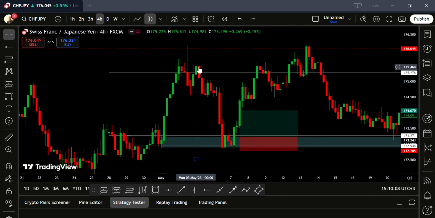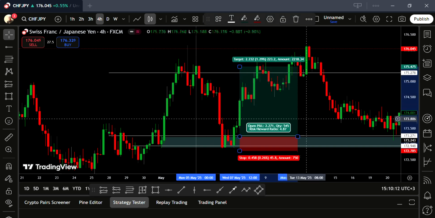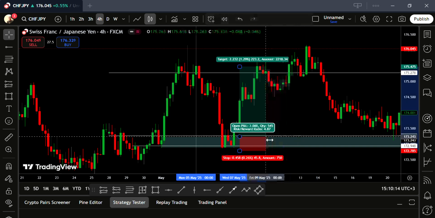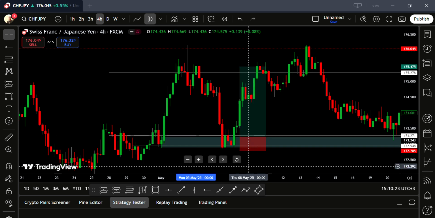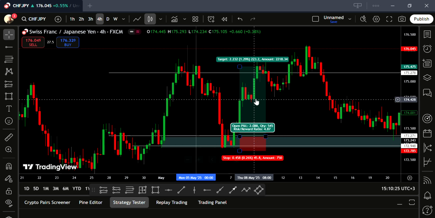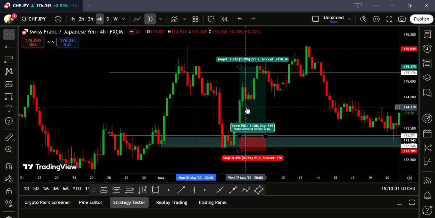Your target is the previous high. That is your target. So what is the risk to reward? The risk to reward is we are risking 1, and then we are getting 4.7 as our reward. So in short, we are risking 45 pips to get 223 pips. So guys, these things keep on happening over and over again.